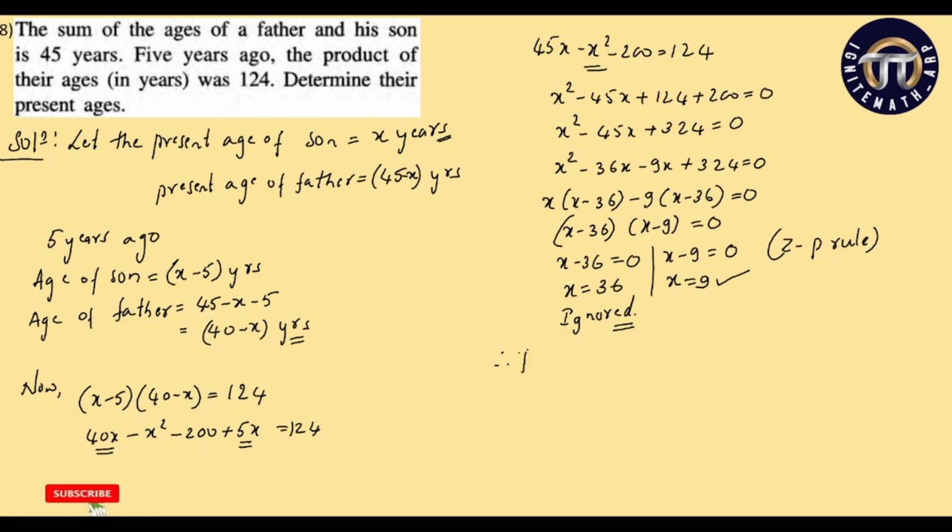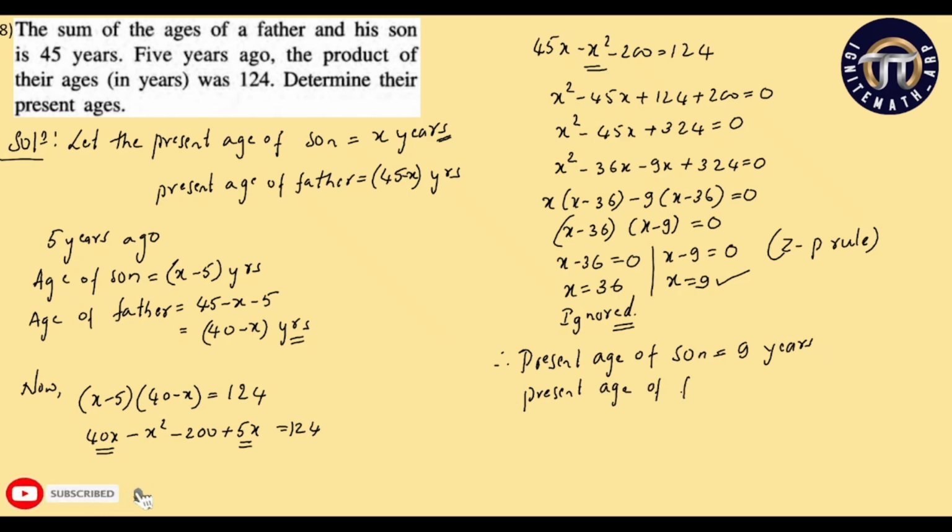So present age of son is equal to 9 years. Then present age of father is equal to 45 minus 9, because it is 45 minus x, so that is equal to 36 years. Is it clear, children? Okay, now let's move to the next question.